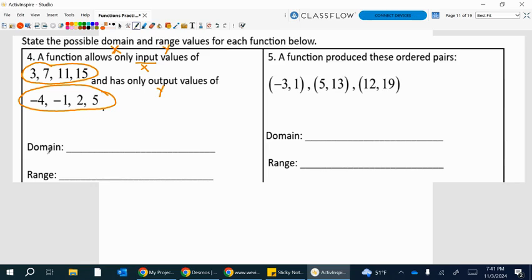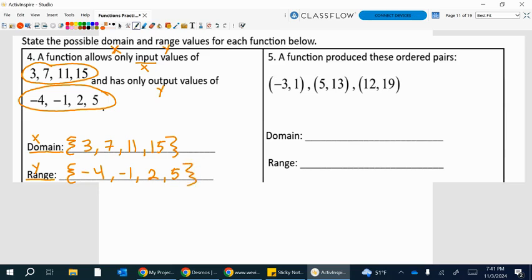So I'm going to take all of my input values and list them here with the squiggle mark around it to show that it's all part of the domain. And we usually write them in order from smallest to largest. Then our range is the output values. We do a little squiggle, -4, -1, 2, and 5.